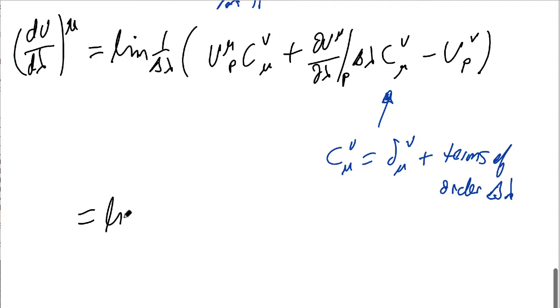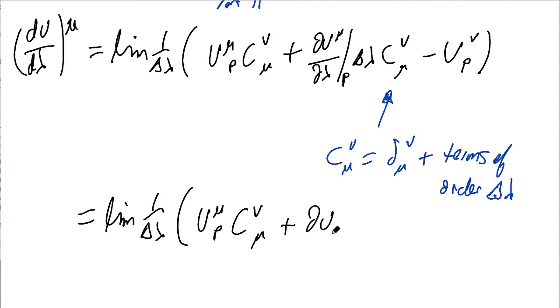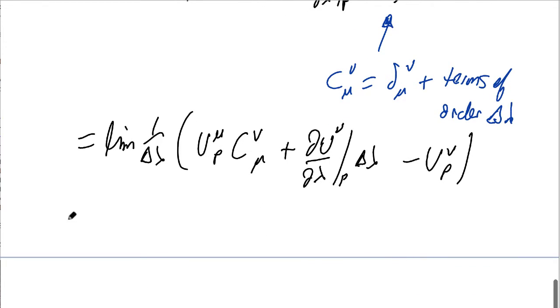So this is the limit of 1 over Δλ times V^μ at point P C^ν_μ plus, replacing C with the Kronecker delta and summing over μ, the only term that survives is when μ is equal to ν, so I'll write this as ∂V^ν/∂λ at point P times Δλ. And then the last term here is V^ν(P). Let's bring this term out by itself.